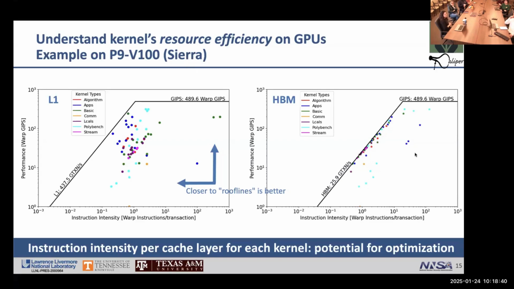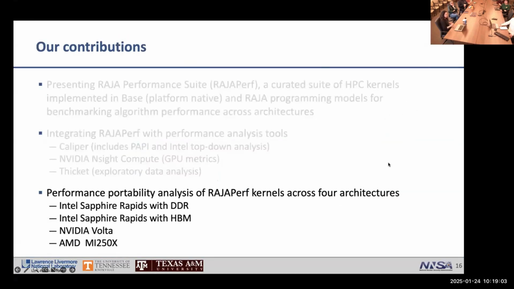So we can get an idea of which kernels we might be able to optimize better. For example, we see polybench, so we think, what can we do to get those closer to our roof lines? This is helpful, especially on GPUs. Okay, so that was an example of some of the analysis we've done with Caliper, NVIDIA Insight Compute, and Thicket.